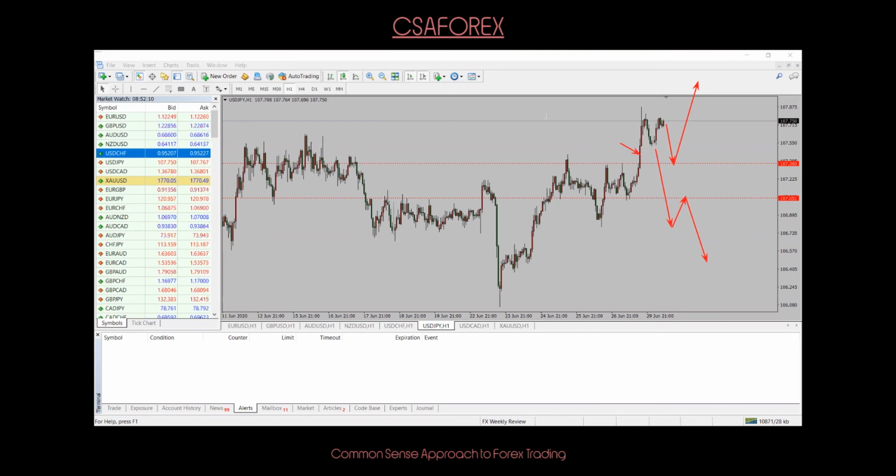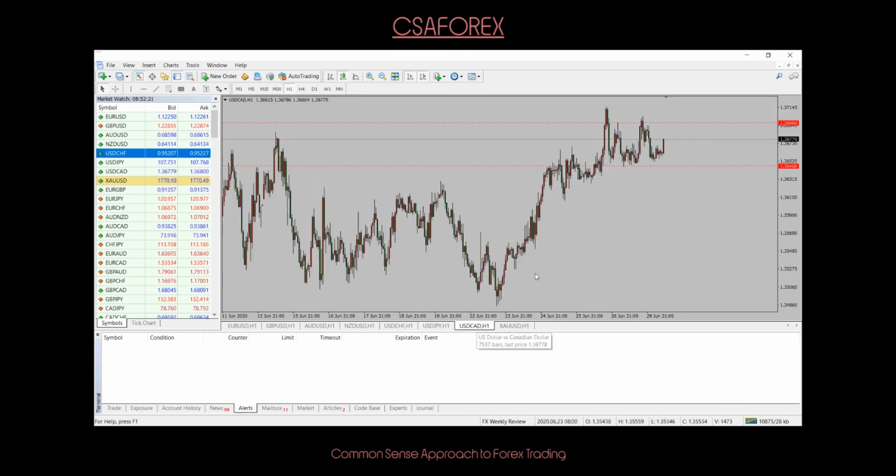Now we have the market pushing higher, and as we have it pushing higher, it's showing clearly that the buyers are in control, right? So it's all about the directional bias at the end of the day, and then how you enter the market at an area of interest.